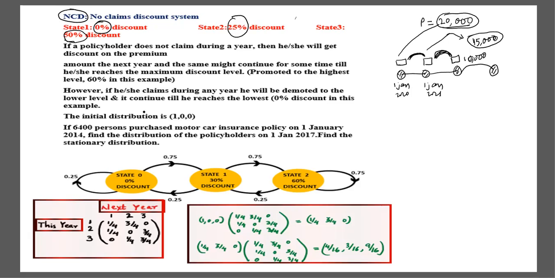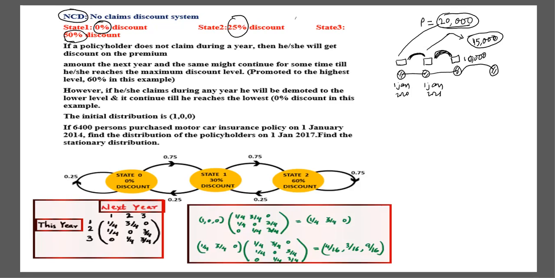However, if he claims during any year, he will be demoted to the lower level, and it continues till he reaches the lowest level. Here, promotion is one level, demotion is one level. You will come across problems where promotion will be one, but demotion might be two levels. There are a variety of problems, but this is the first problem.